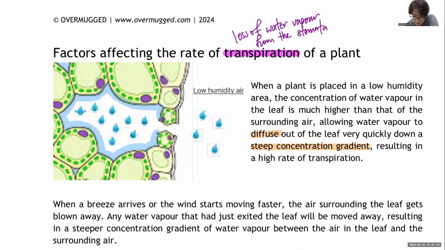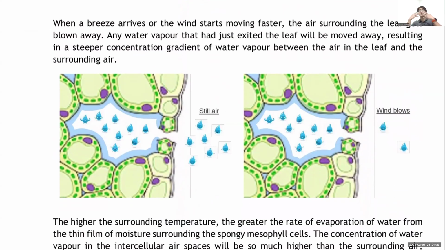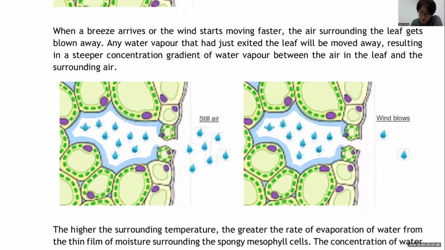Then when we look at wind speed, this one is just a deeper explanation of what you have learned in P5. We all learned about air and living things and about the rate of evaporation as well, isn't it? So what happens with wind? When the wind is still, it's not moving. Every time one water vapor comes out, it will stay here for a while first before moving away.